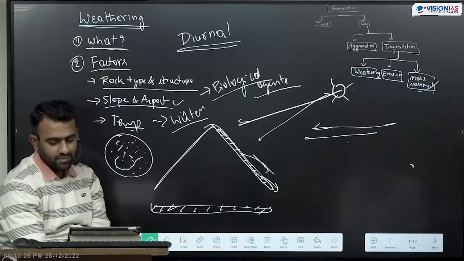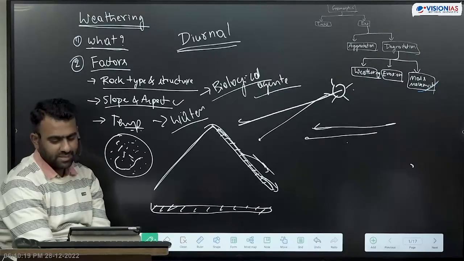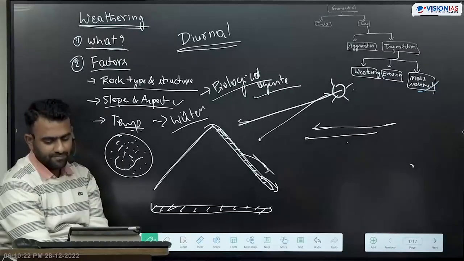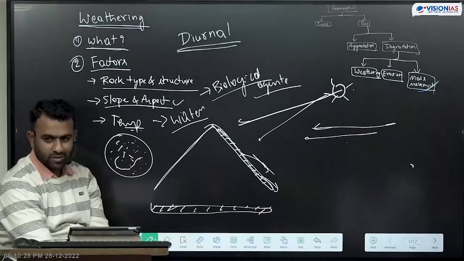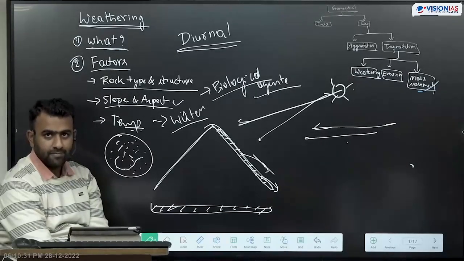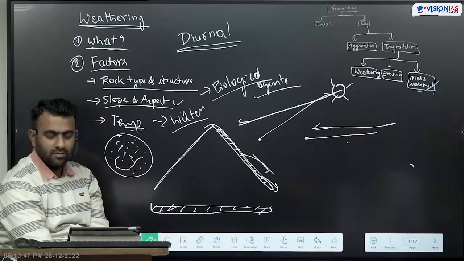Diurnal range subjects the surface layer to expansion and contraction continuously, causing a physical breakdown.